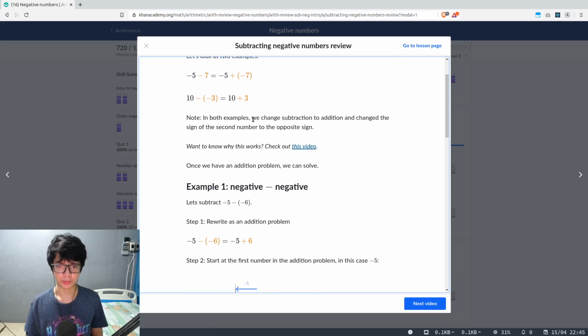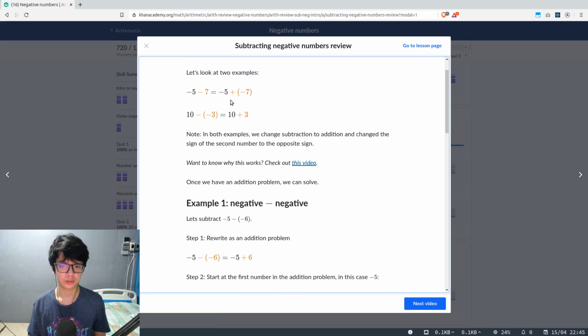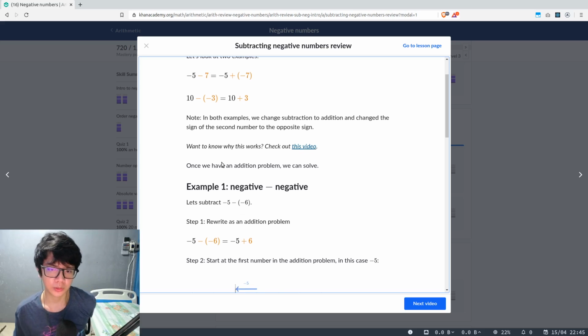In both examples, we change subtraction to addition and change the sign of the second number to the opposite sign.